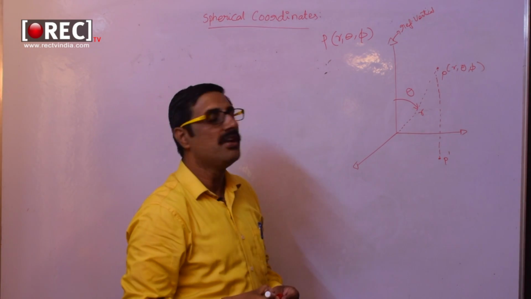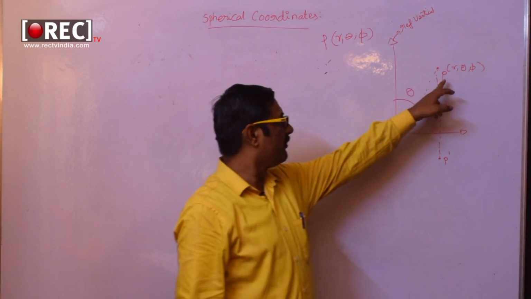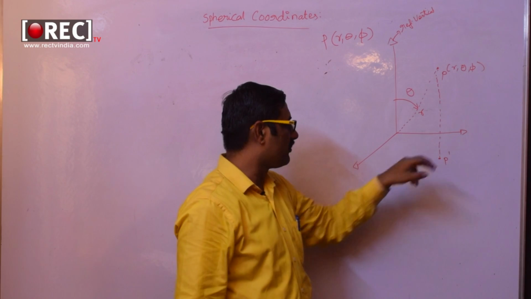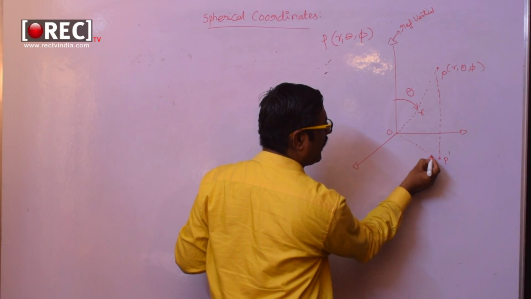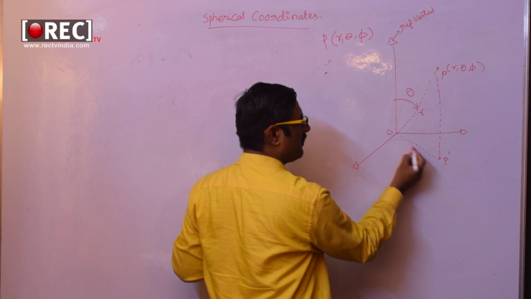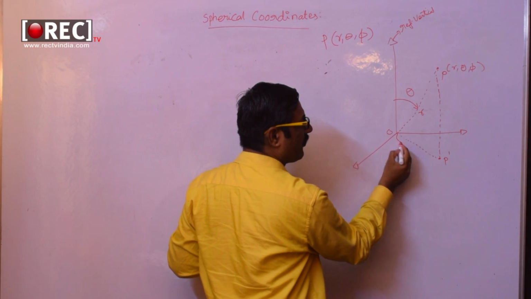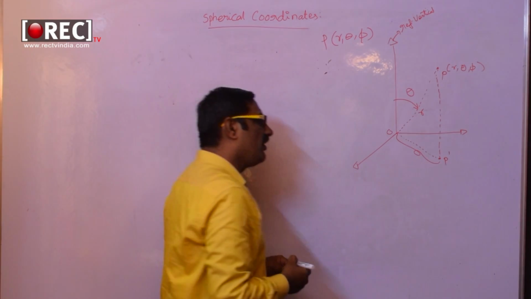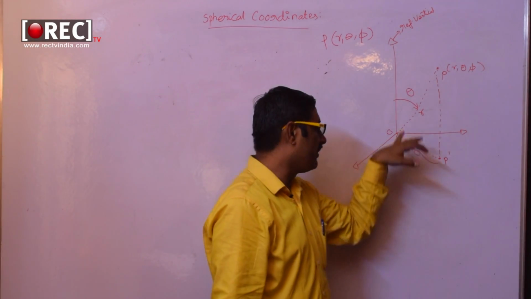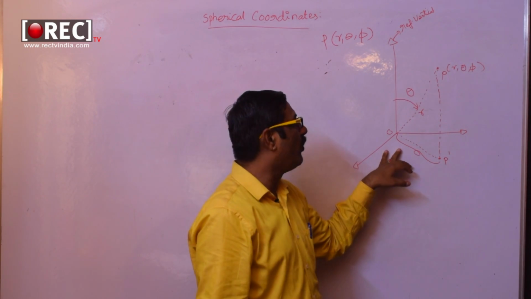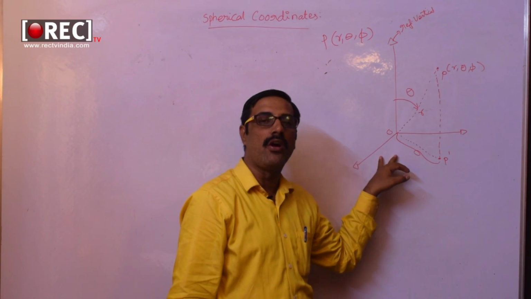What is P dash? P dash is the vertical projection of P onto the ground. Now join the origin O with P dash. This portion OP dash is the vertical projection of OP onto the horizontal plane.